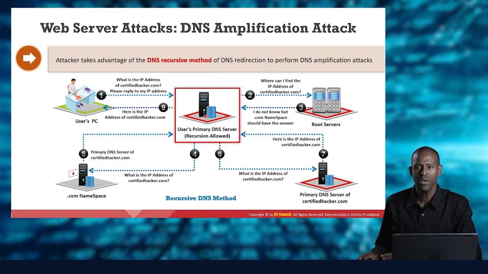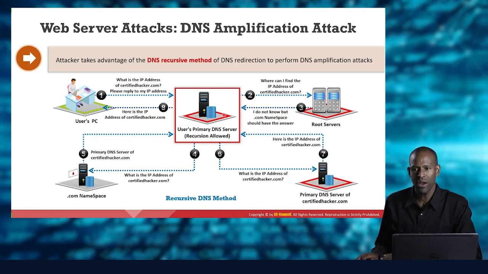So for instance, what will happen is it's never heard of this, so it will contact one of the root servers of the internet. There are 13 root servers that are spread all over the world, many different versions of each of those servers. And so what it'll ask one of the root servers is, where can I find the address? And it'll ask for a .com namespace that's nearby that might have the address.